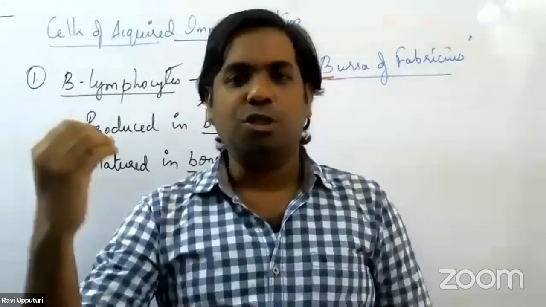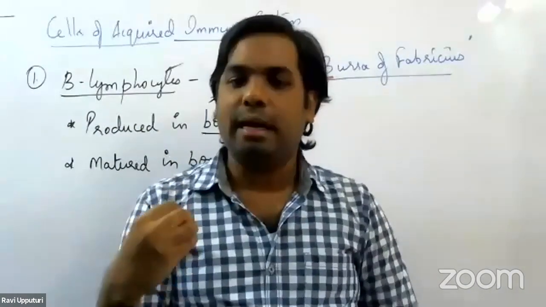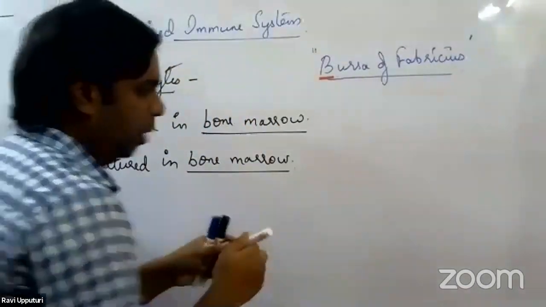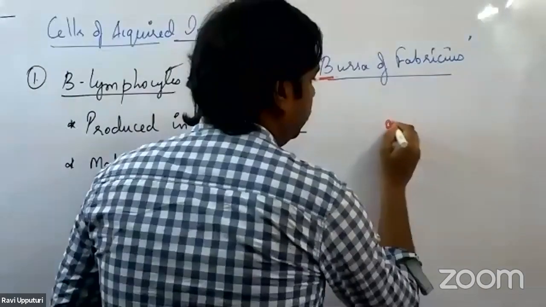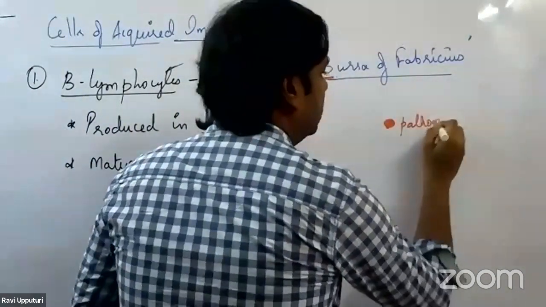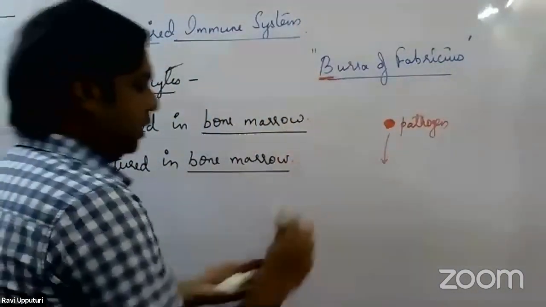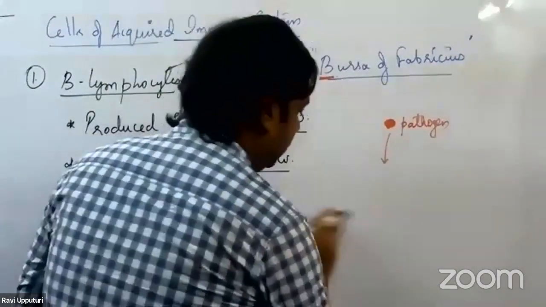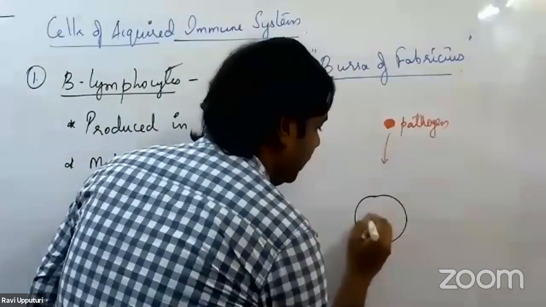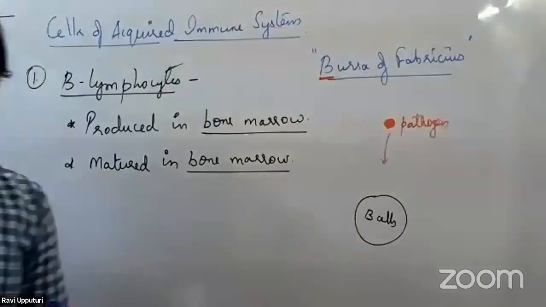Say this is the pathogen that has entered inside our body. Now, once the pathogen enters, here we have the B cells that are present. So these are the B lymphocytes.